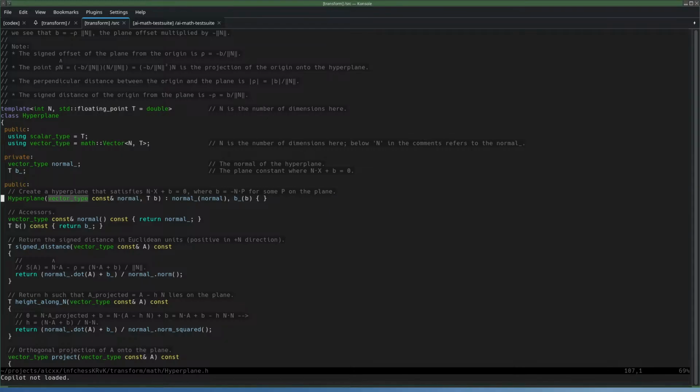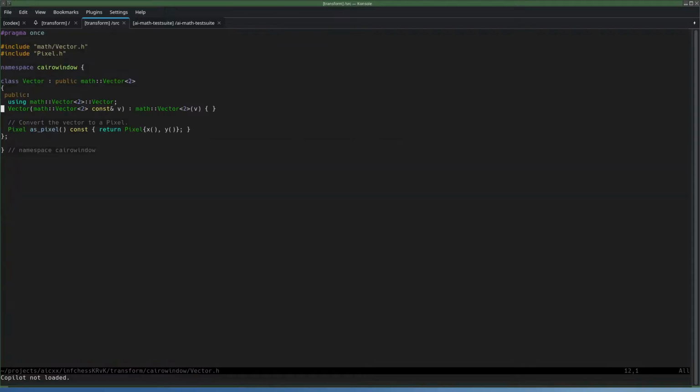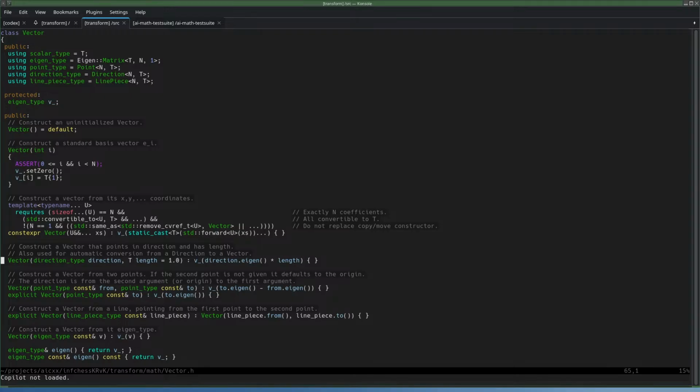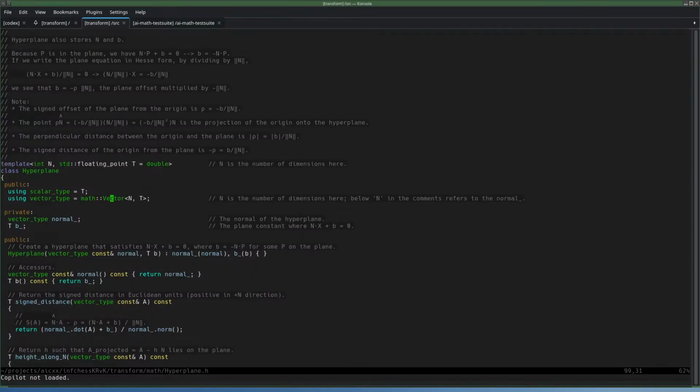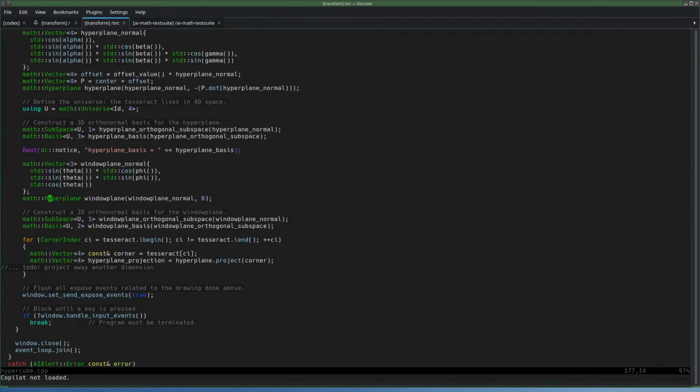Then it has to first figure out what the vector type is. So the vector type is this, the math vector, which also has t passed, and that has scalar type as the type for the t. Oops.